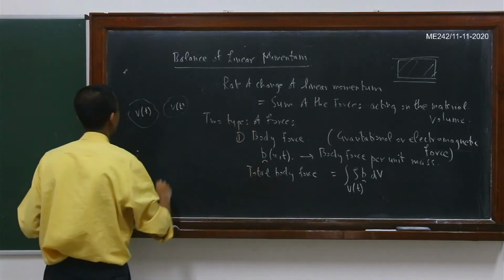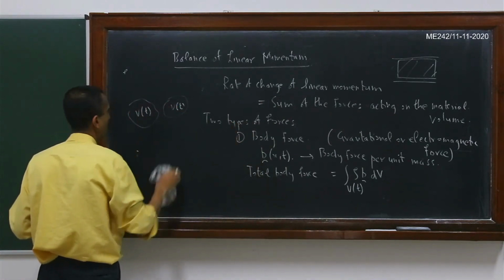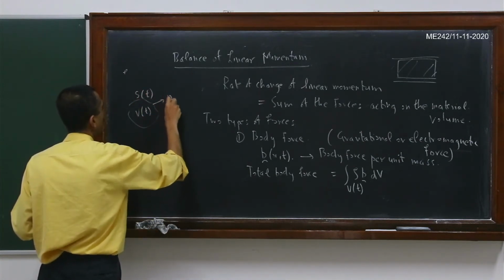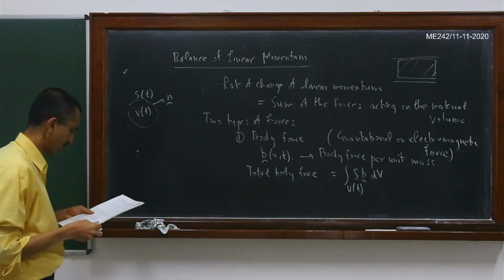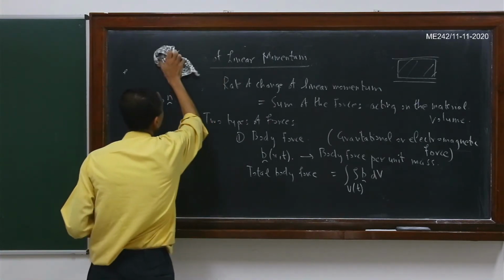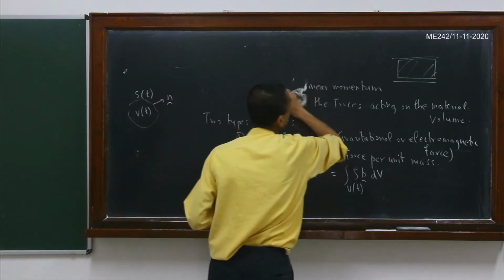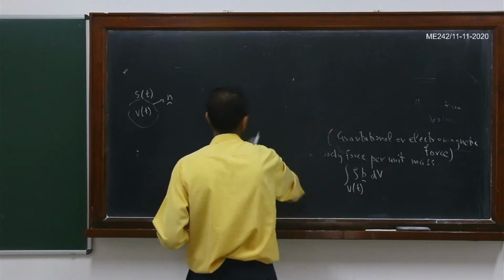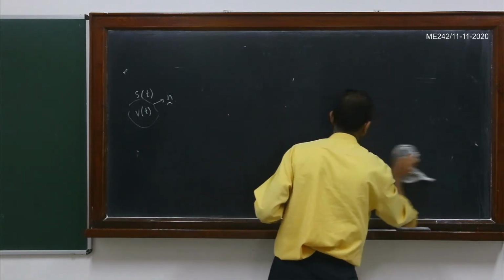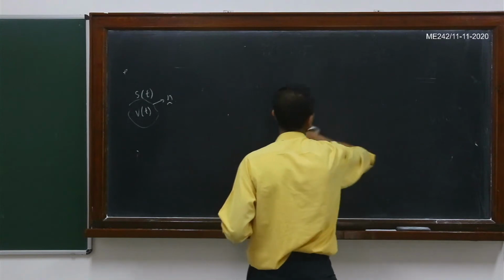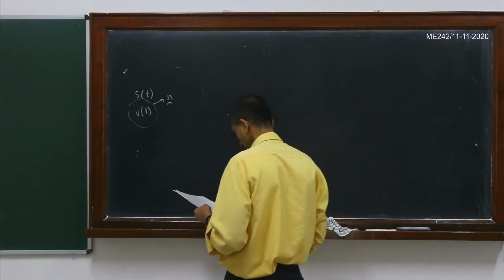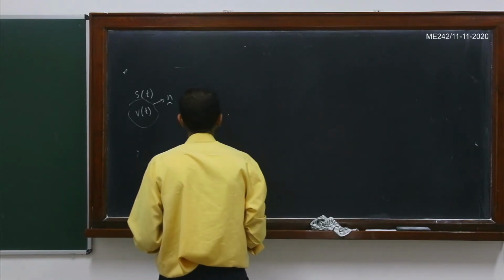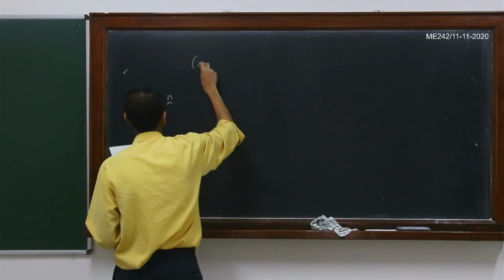So let us call this surface S of t, and let us call the normal n, a unit normal to the surface S of t. Yes, so let me write what is known as the Cauchy hypothesis now.